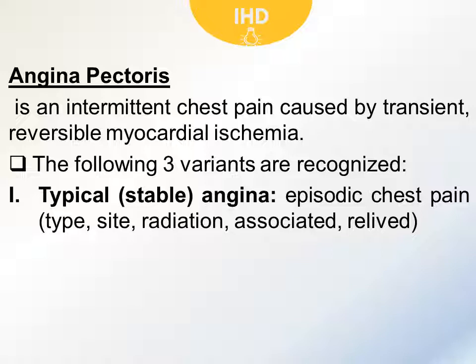It is an episodic chest pain, a crushing or squeezing substernal sensation that radiates to the left arm or left jaw, and this is called referred pain. It is associated with exertion or some other increased demand, for example tachycardia, and relieved by rest or by drugs such as nitroglycerin.